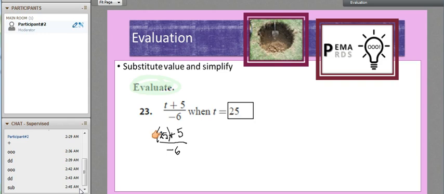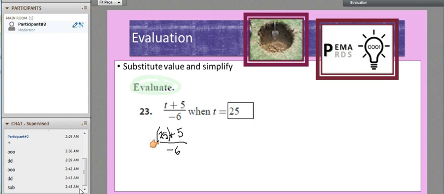T is equal to 25, put that in the hole. It can be T, it can be 25, either one. 25 plus 5, okay, sorry. First step is substituting, then we simplify. No parentheses. It's simple inside these parentheses, so I don't have to worry about it. It's not grouping. Not that yet.